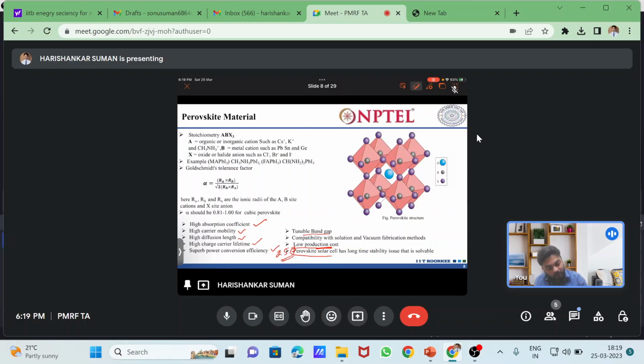Worldwide research is going on for stability of perovskite.